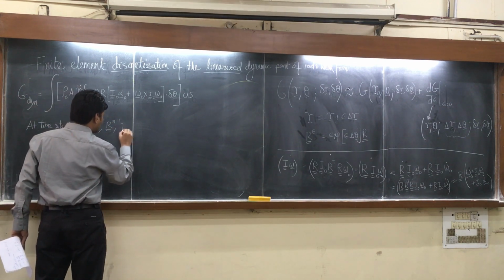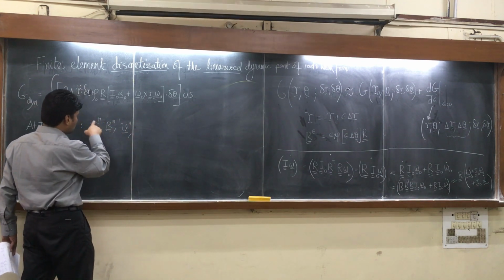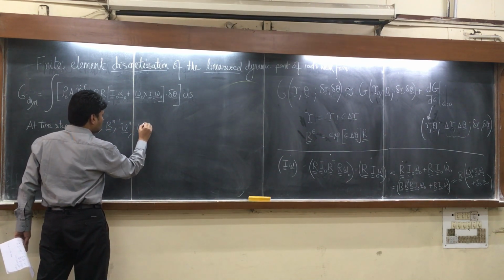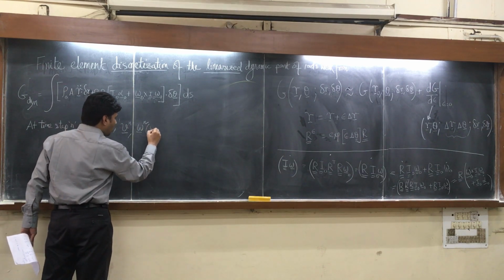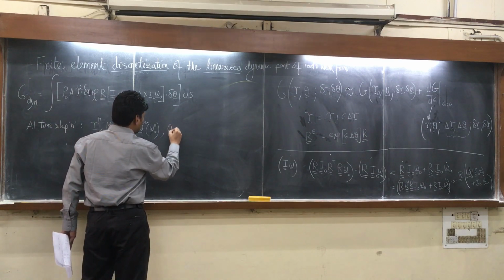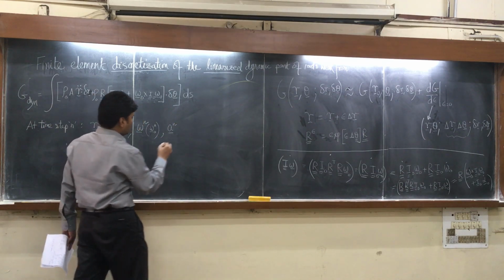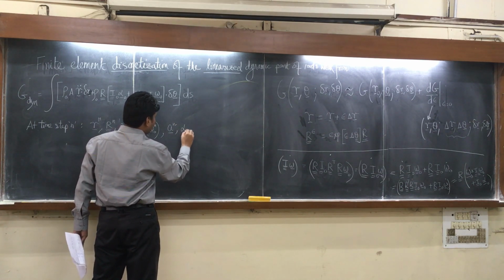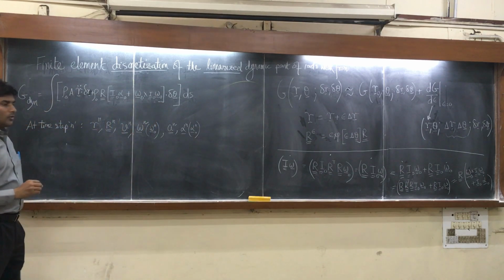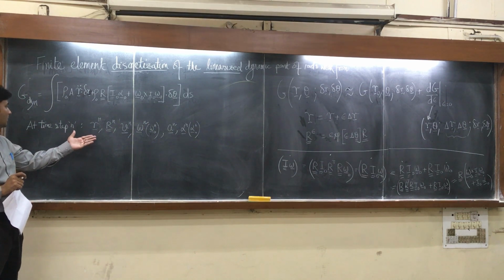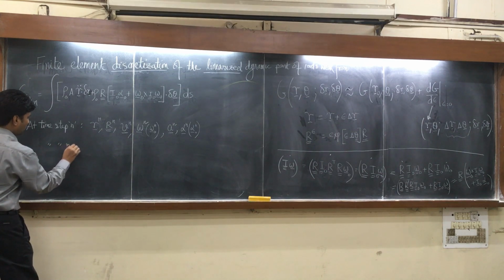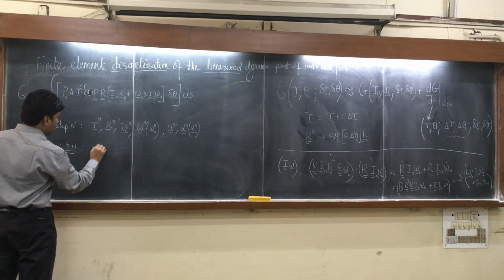Then we will also be knowing the velocity v n, which is r dot, then omega n, or you can say omega naught of n, and then the acceleration a n and alpha n, or you say alpha naught. Okay, so these things are known to you, and you want to know the same thing at the next time step, at time step n plus 1. So we want to find that.